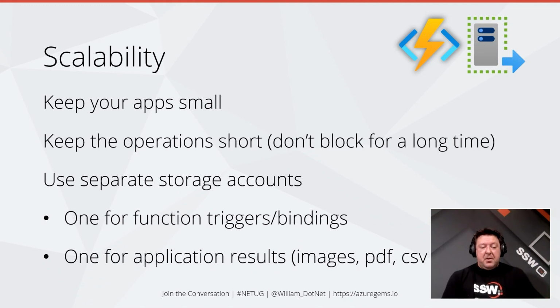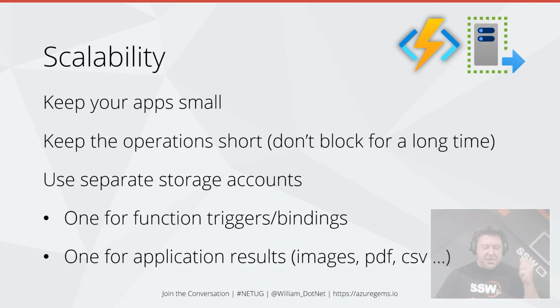And some tips for scalability, like with the SOLID principles earlier: keep your apps small, and also keep your operations short. As soon as you receive a request, turn it into a Service Bus message straight away. Don't try and block for a long time on receiving a request. In my mind, as soon as you receive a request, don't try and return a result straight away. Don't block.